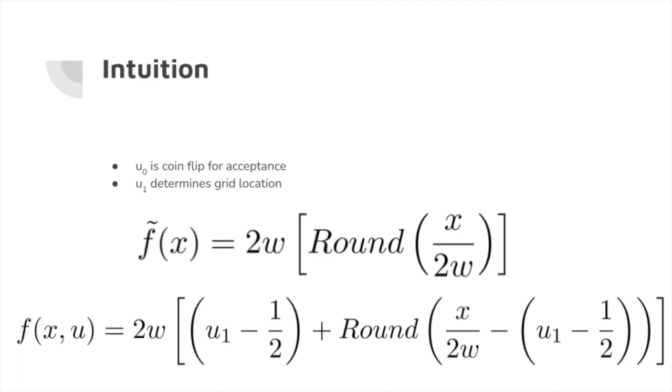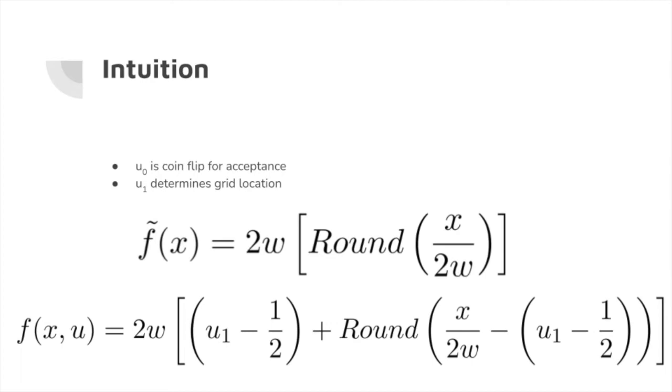One way that we can see this is by thinking about an F tilde that looks as follows. And we can clearly interpret this as taking a grid centered at 0 with distances of 2w still, and basically picking the point on that grid that's closest to our current state x.